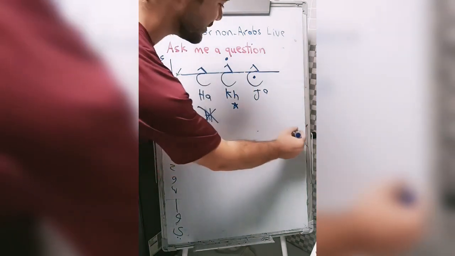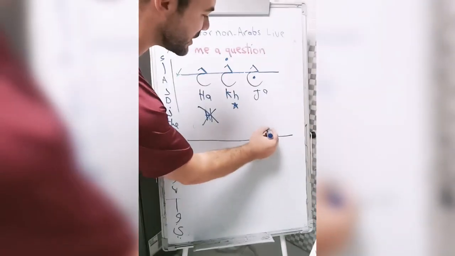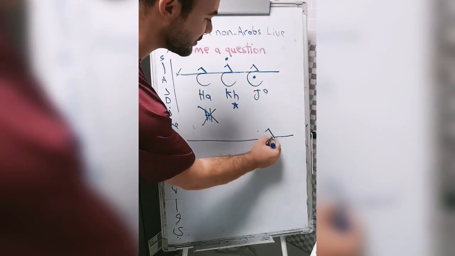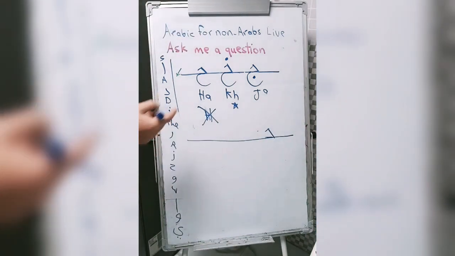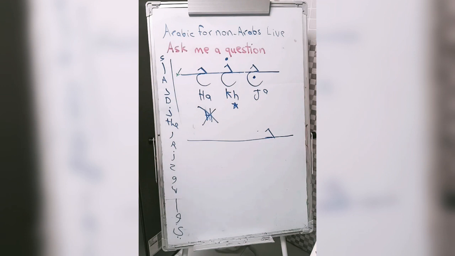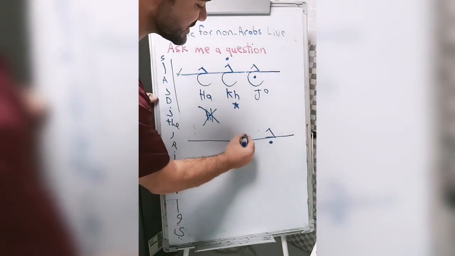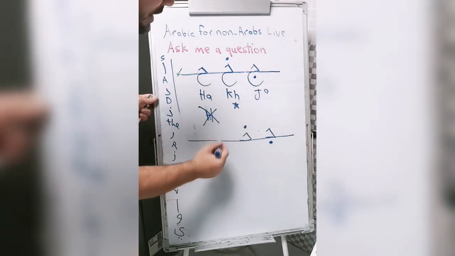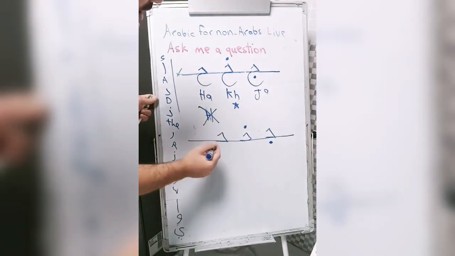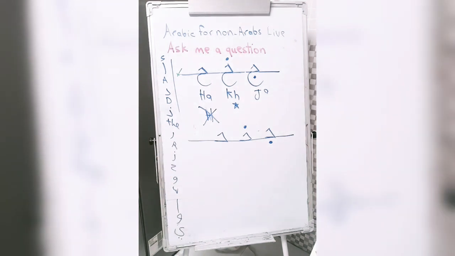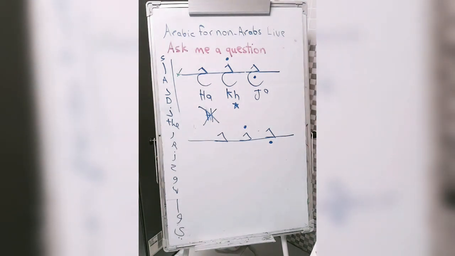So when we write, we say 1, 2, 3, belly. Now we're going to chop the belly. No more bellies. This is Ja at the beginning, this is Kha at the beginning, and this is Ha at the beginning. If I'm going now to write, I just join these letters with others in the same way we talked about.